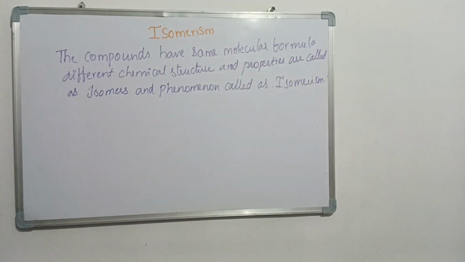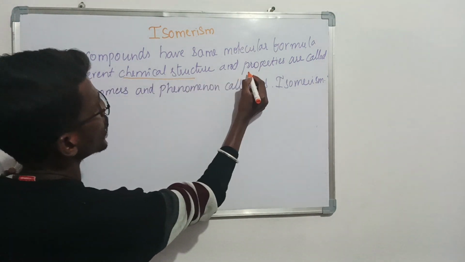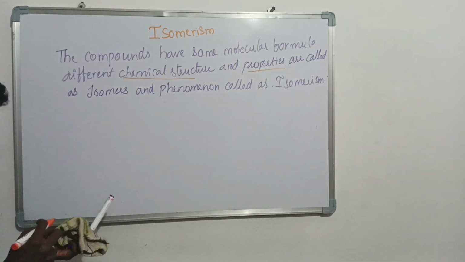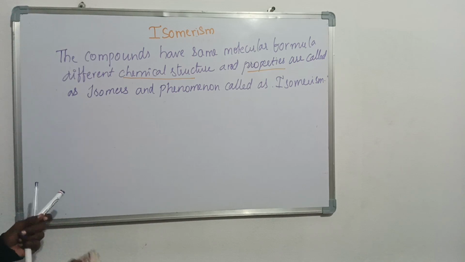The compounds having the same molecular formula, different chemical structure and properties, are called isomers of each other, and the phenomenon is called isomerism.